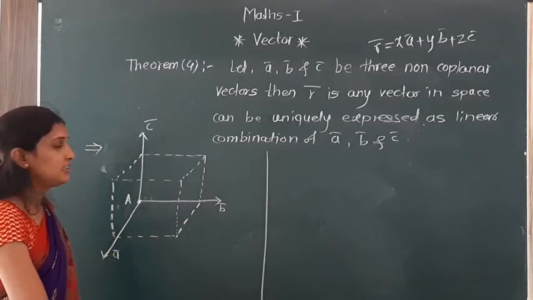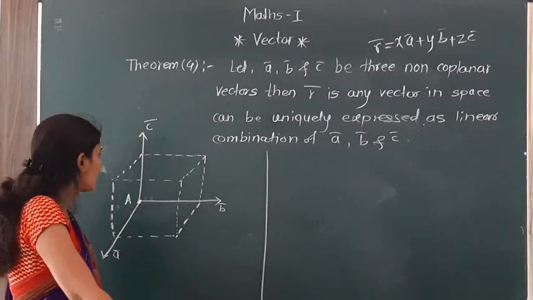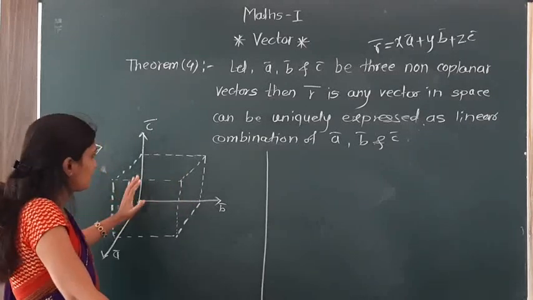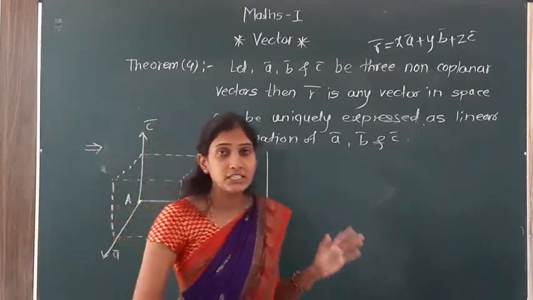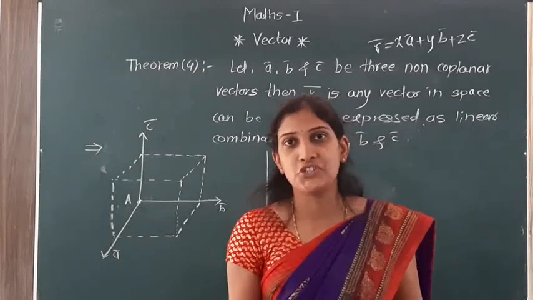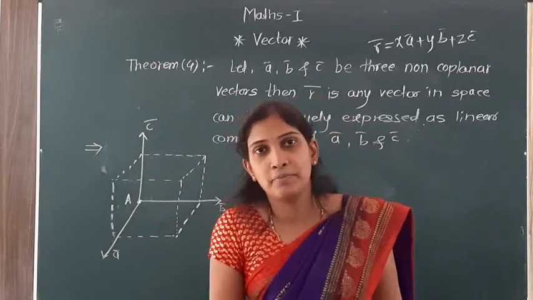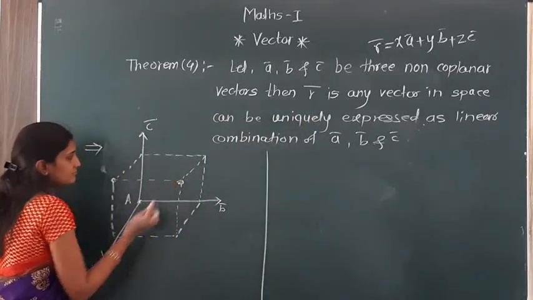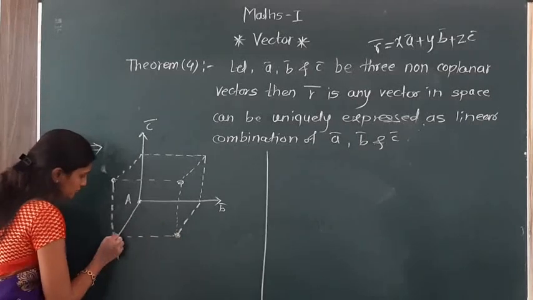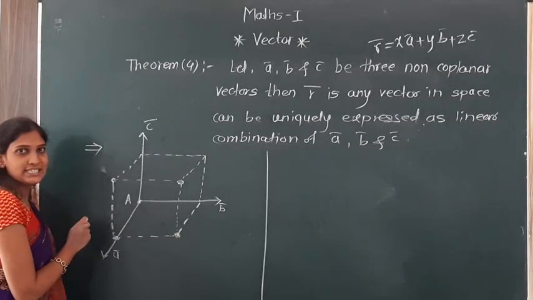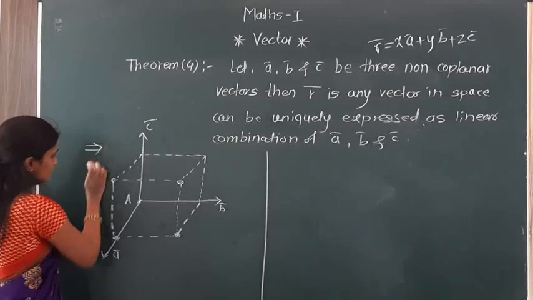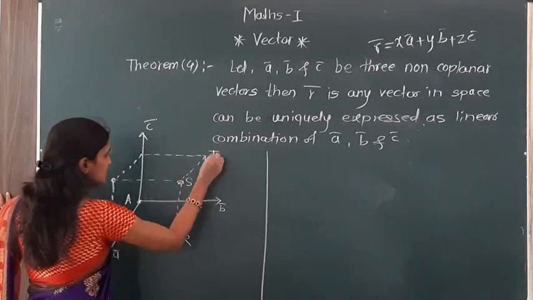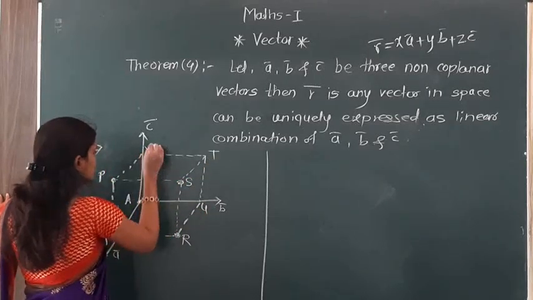We draw planes on these particular vectors and they intersect each other and form a parallelepiped. These are the intersection points, or we call edges. Here P, Q, R, S, T, U, V.